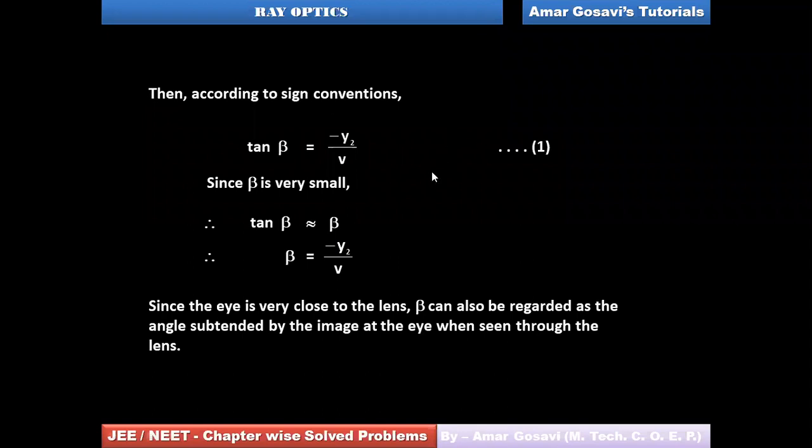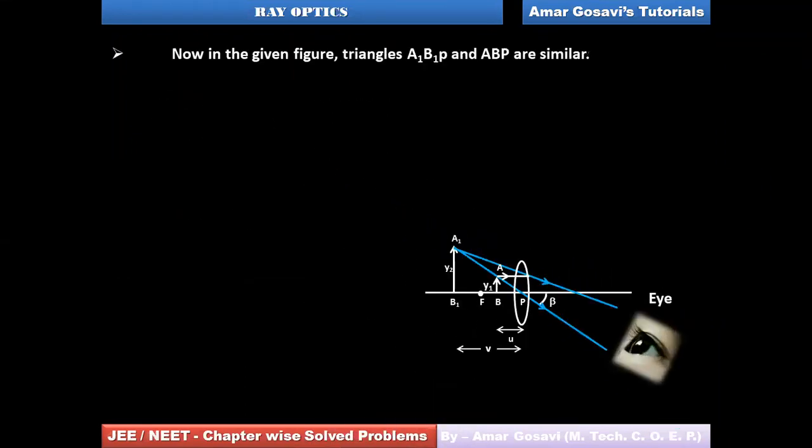Let's move ahead, friends. Here was that diagram. If you observe the two triangles, A1 B1 P and ABP, you can see they are similar triangles.